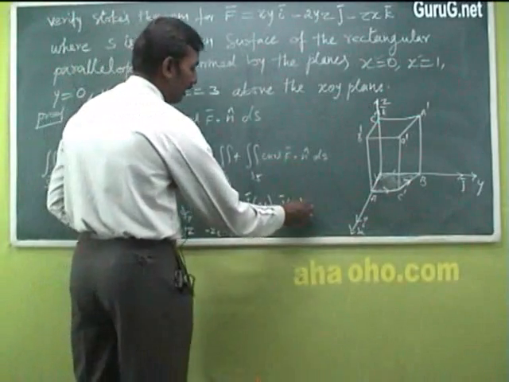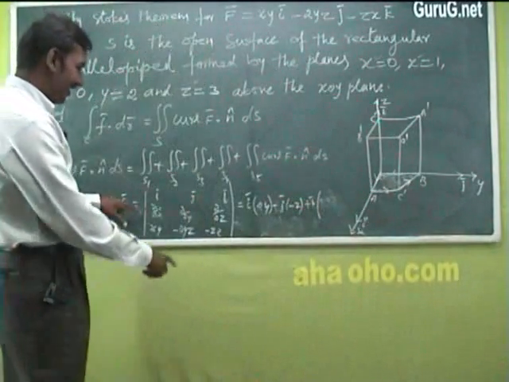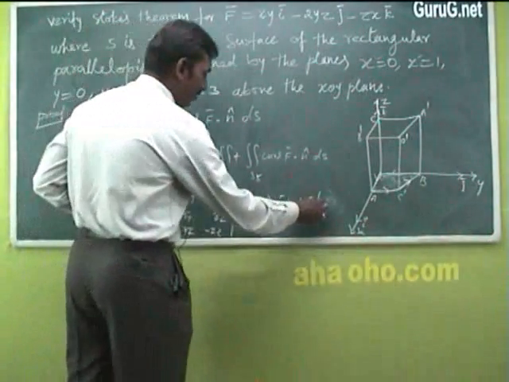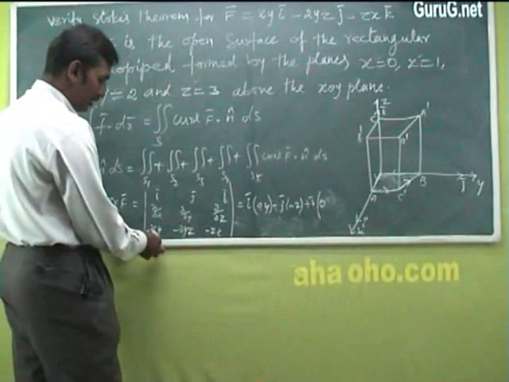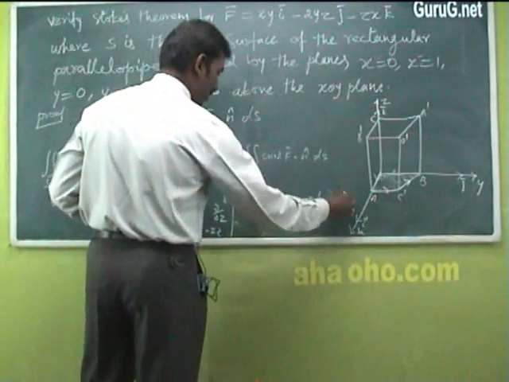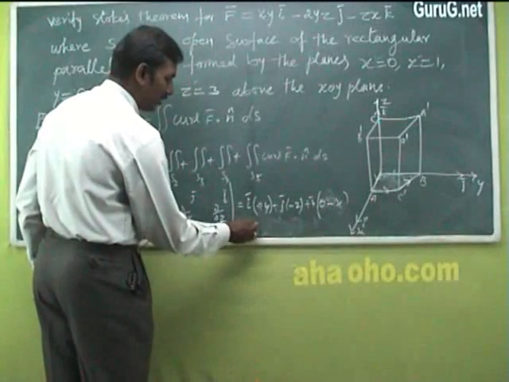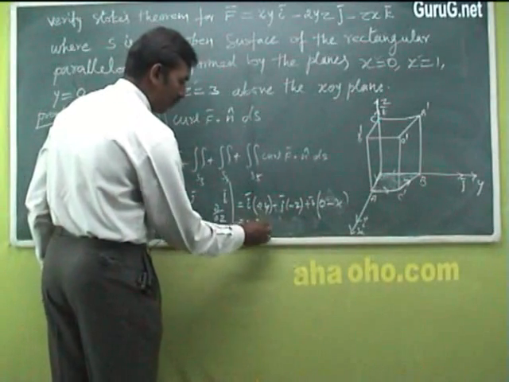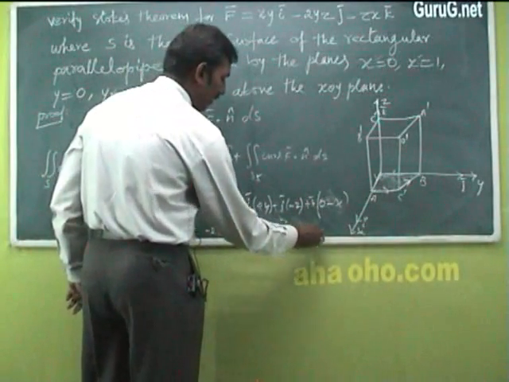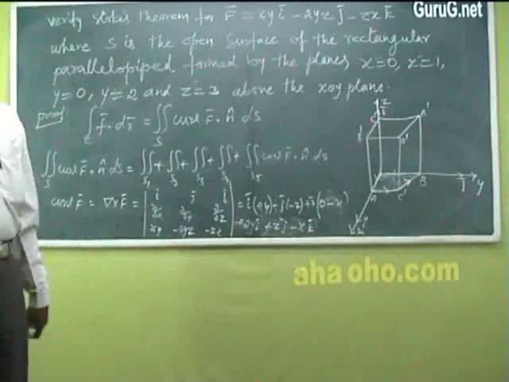And then k vector into, omitting this column and this row, so dou by dou x of this is 0, and dou by dou y of this is minus x. So 2y i vector plus z j vector and minus x k vector. So this is curl of F, right?